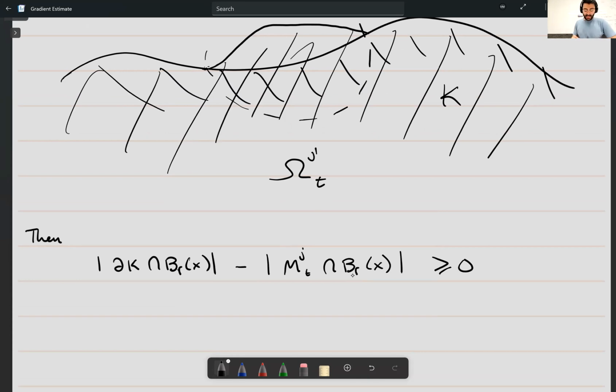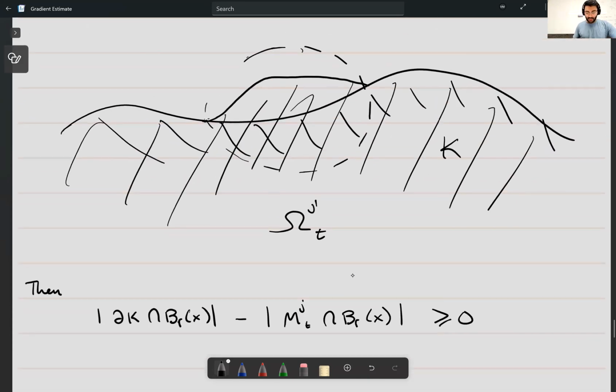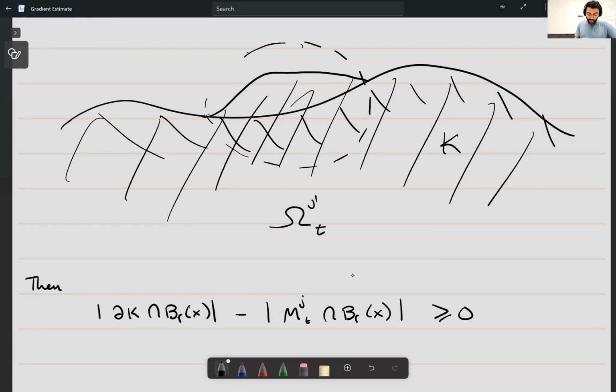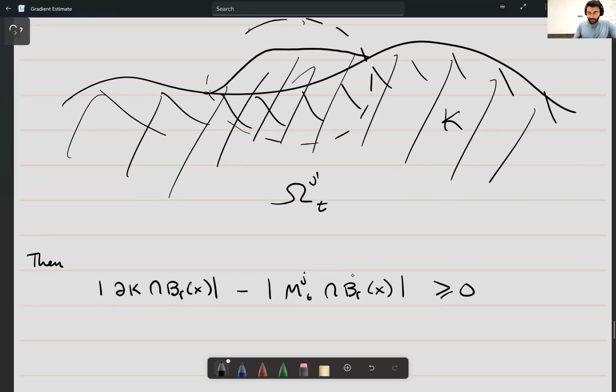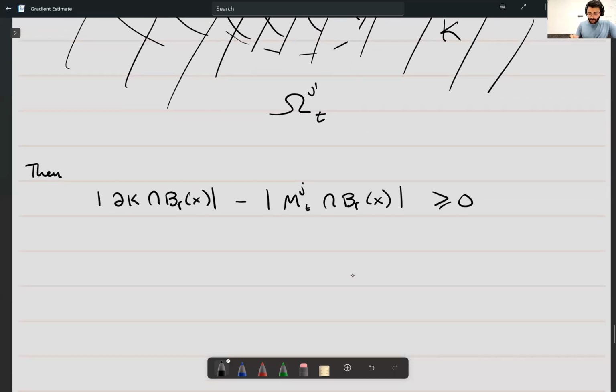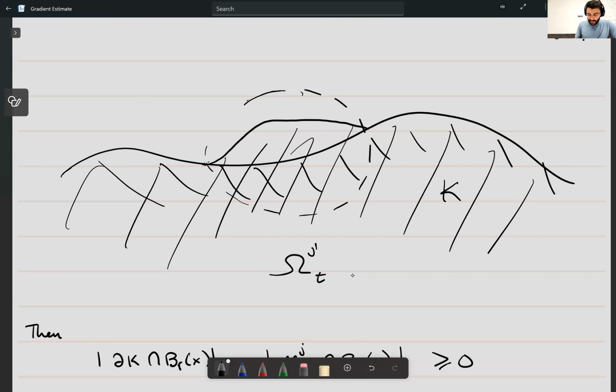So M_J^T actually minimizes this; it always has lower area in this set here. You can think of Omega_J^T for past times as going through this set like this.